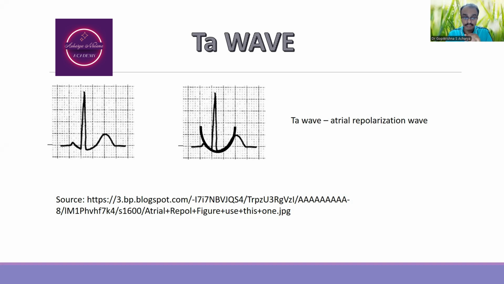When you see this particular wave, it is a little bit downwards, and when you see this particular wave, it is upwards. When you join these two, it represents a perfect curve. This is what is termed as TA wave, and this is considered to be the atrial repolarization wave.